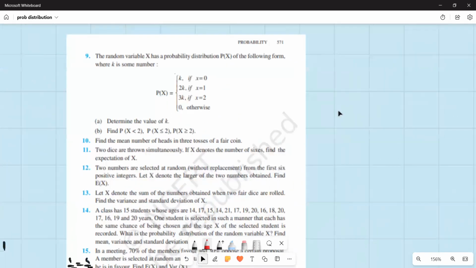Here again, add all these values for x is equal to 1, x is equal to 2, x is equal to 3, and then solve this question.